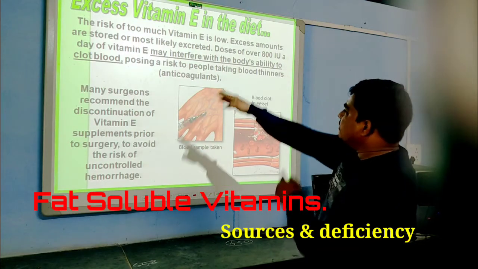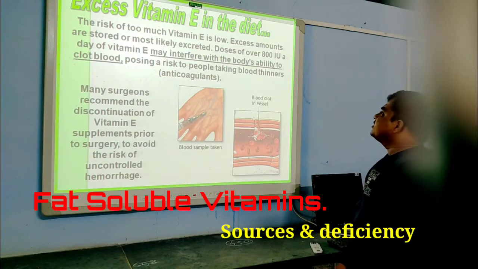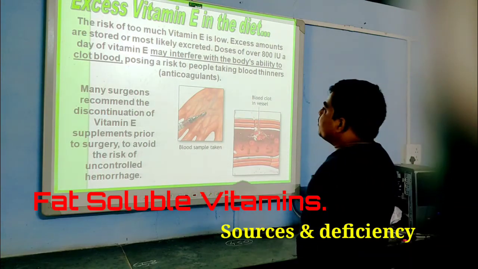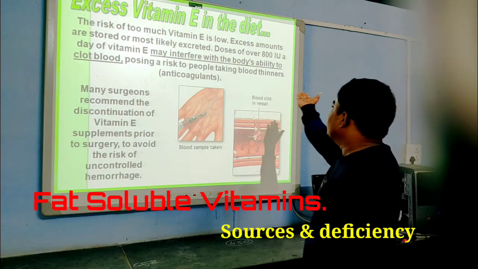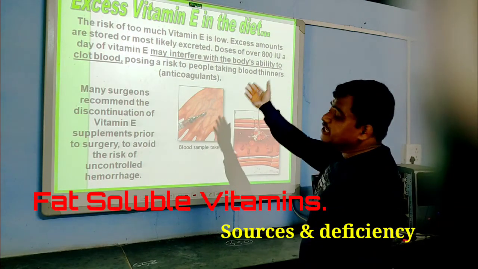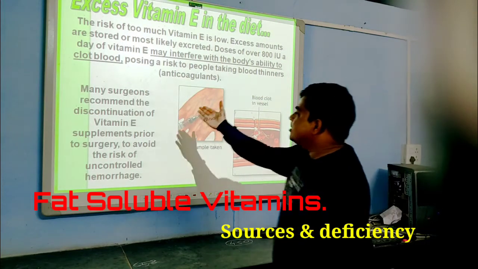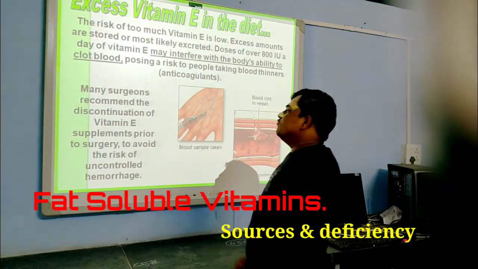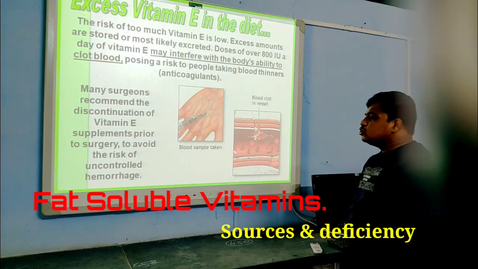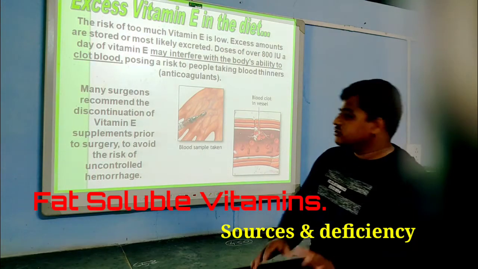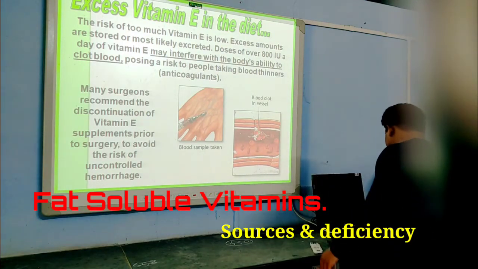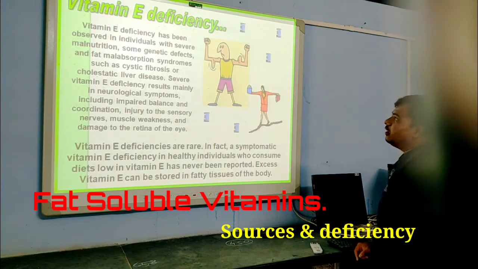Here vitamin E may interfere with the body's ability to clot blood, posing a risk for people taking blood thinners, that is the anticoagulants. Many surgeons recommend the discontinuation of vitamin E supplements prior to surgery to avoid the risk of uncontrolled hemorrhage. Okay, so this is the excess of vitamin E.